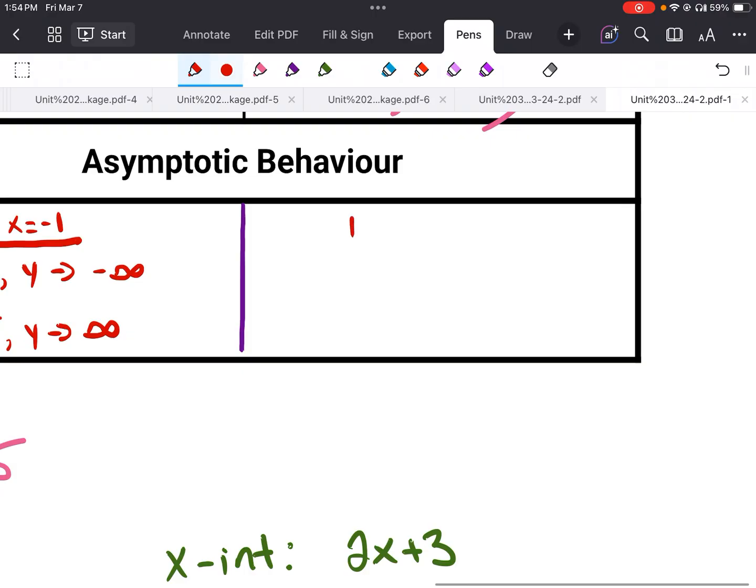Okay, now the horizontal asymptote at y equals 2.